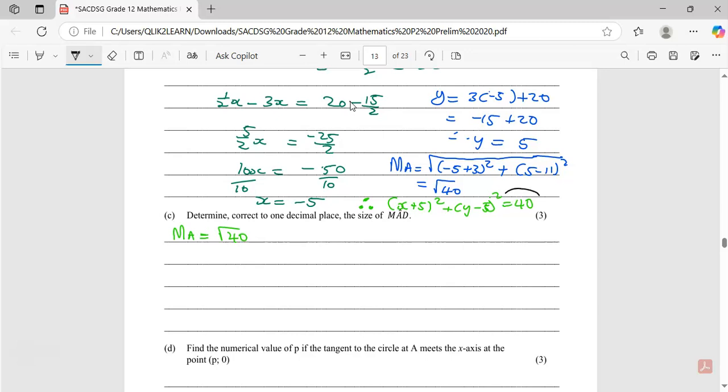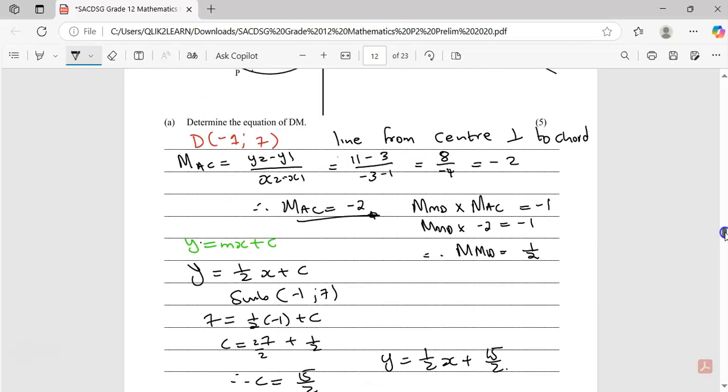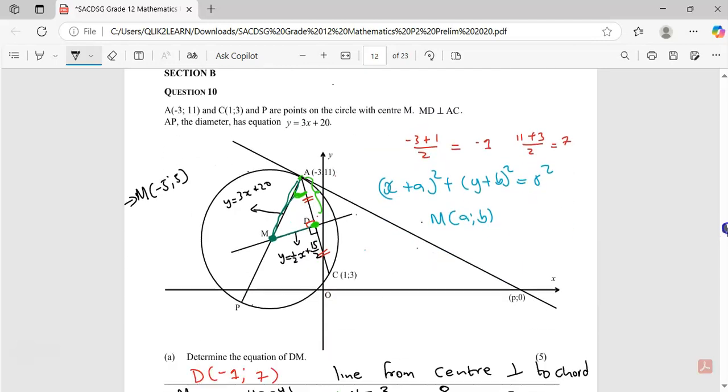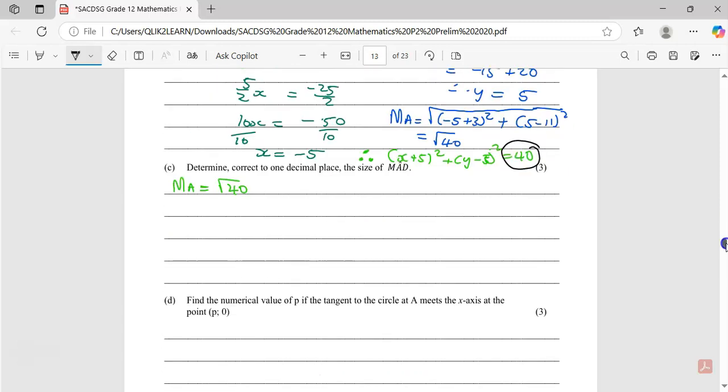The line MA from M to A is our radius. So to find the radius, we just take 40. We know that R squared is equal to 40. Then we can find R by square rooting both sides. Therefore, R is equal to root 40. And that R is your MA.